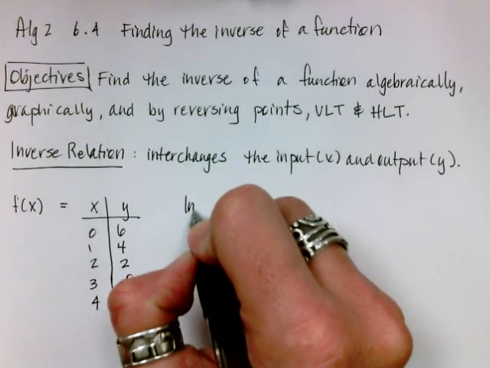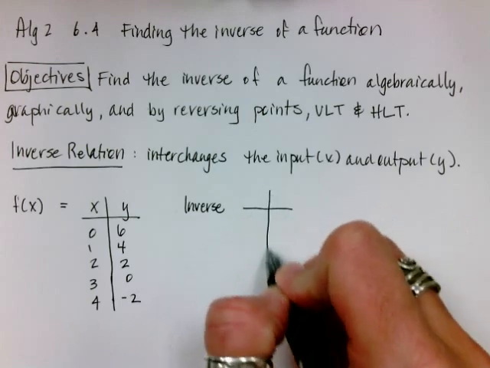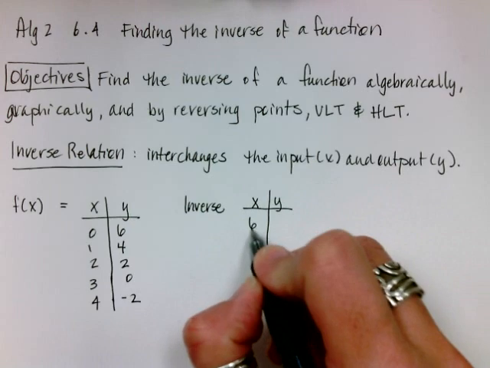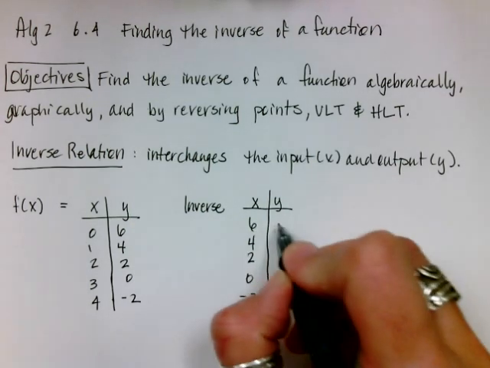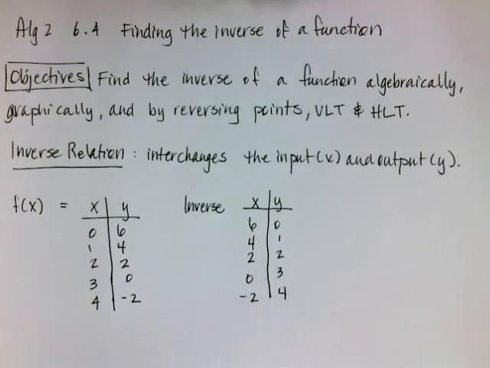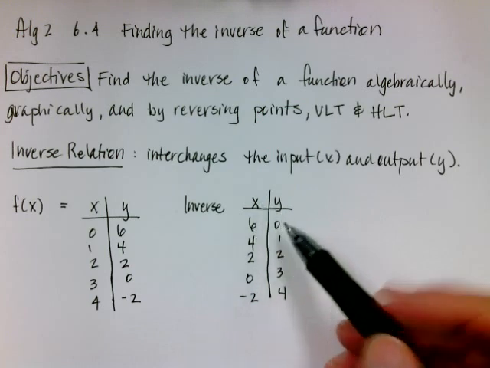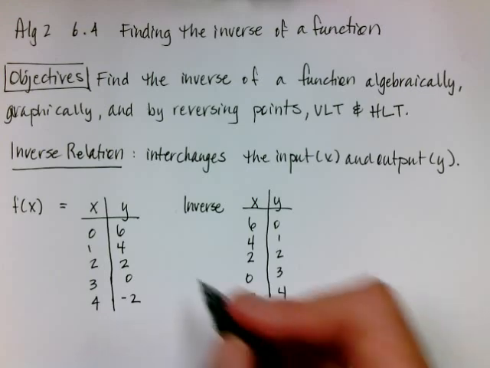If I want to do the inverse of this particular relation, I'm going to flip-flop my x and y's. So now I'm going to have 6, 4, 2, 0, negative 2, and 0, 1, 2, 3, 4. Noticing that the y's became x's and the x's became y's, that would be the inverse of this particular function.